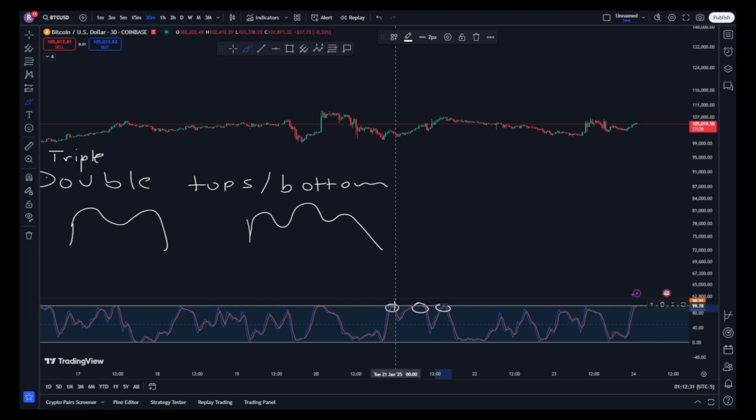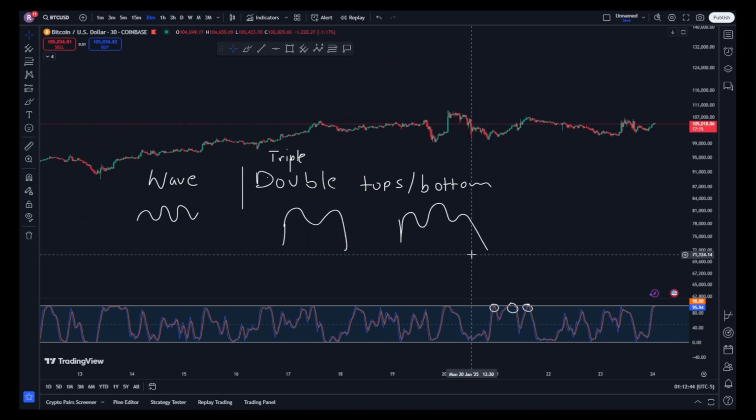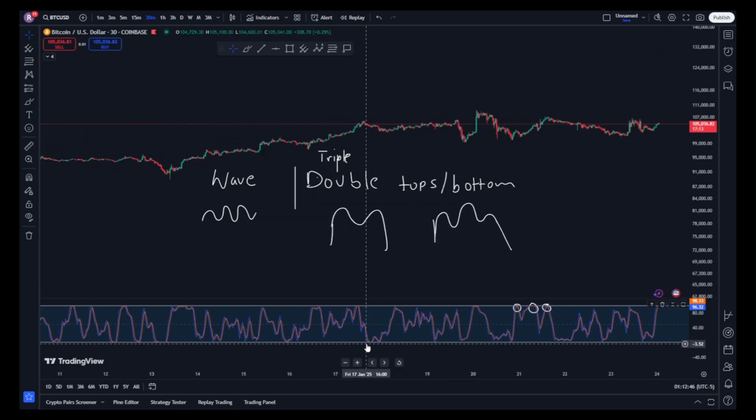So stochastic pushed up once, twice, thrice, and then kind of fell down. And you see the market retraced with it. And conversely, the bottoms are kind of a bullish thing, so to speak. You've got momentum pushing down, down again, and then price starts soaring up a little bit.